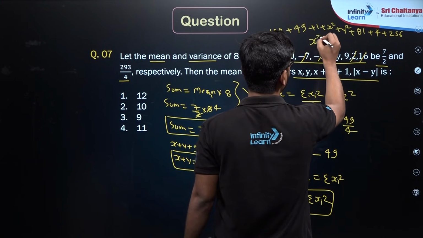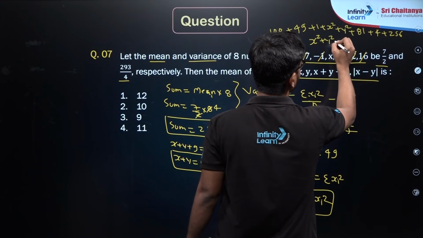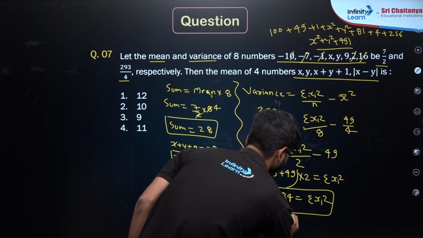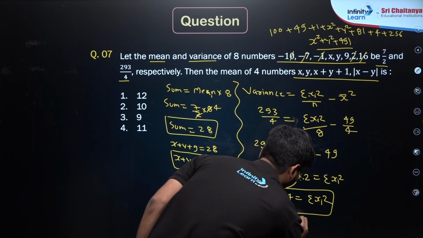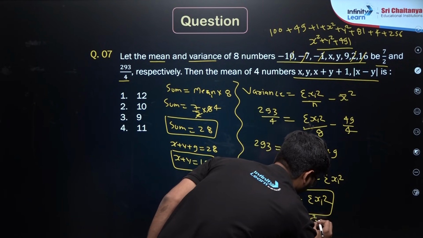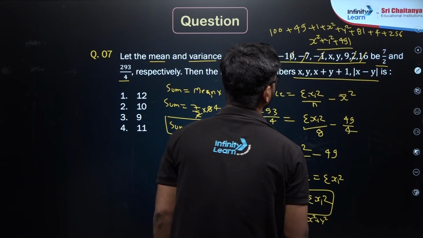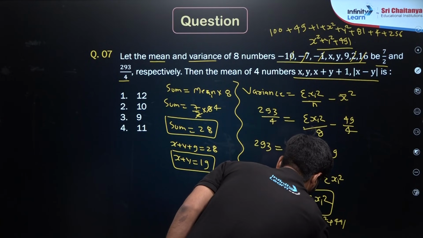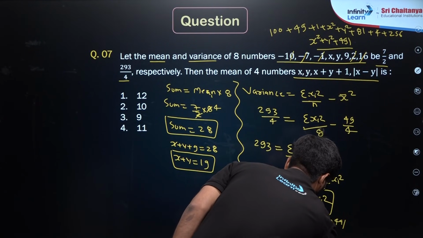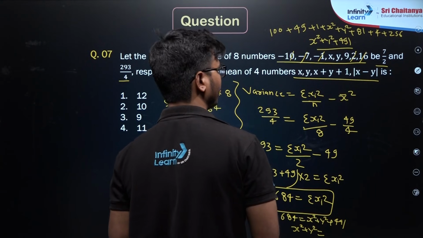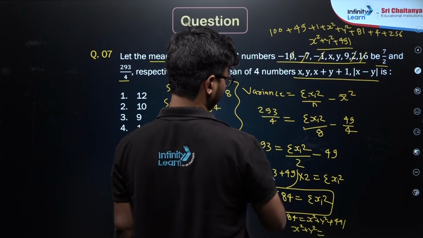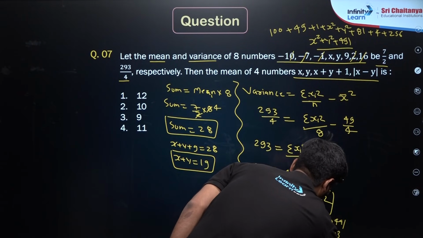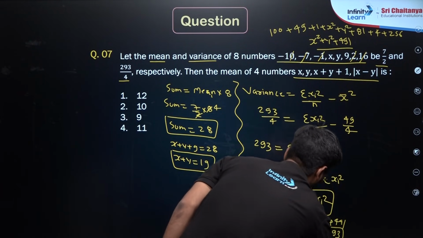So we are going to have x square plus y square plus 491. So I can substitute here. So it will be 684 equals x square plus y square plus 491. Correct? So I am going to get x square plus y square equals 684 minus 491. We are going to get 193. Correct? So this value is 193.